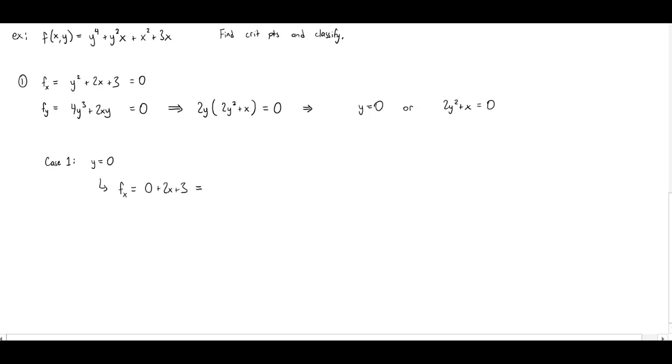And since I want fx to be equal to 0, I can set it equal to 0, and then we can just solve for x. So solving for x, you will get minus 3/2. So right now, this leads us to one critical point altogether. We have x is negative 3/2 when y is equal to 0.